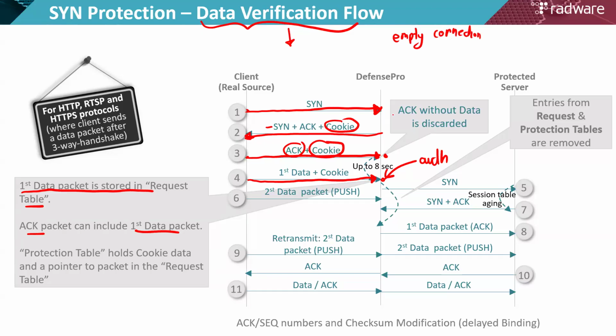The session was open, but after the session opening, the data packets were not sent from the client towards the defense pro. That's what we are stopping with the help of the data verification flow. So after waiting for 8 seconds, if the first data is received, we will authenticate the client. This is your data verification flow.